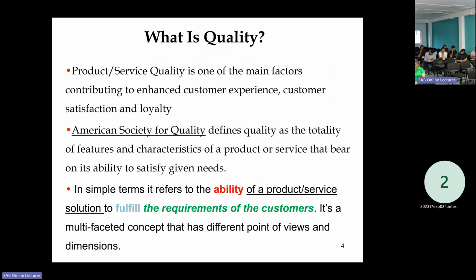As you may see here, the American Society for Quality defines quality as the totality of features and characteristics of a product that bear on its ability to satisfy given needs of customers. That is the modern way of looking at quality.